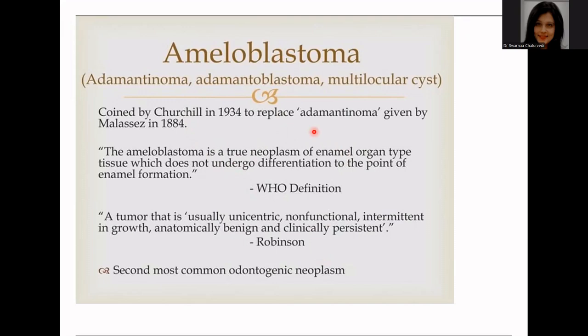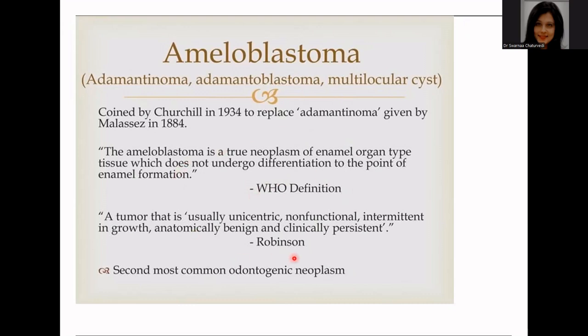The most accepted ones that we tend to write in examinations: one is by WHO. They state that ameloblastoma is a true neoplasm of enamel organ type tissue, which does not undergo differentiation to the point of enamel formation.